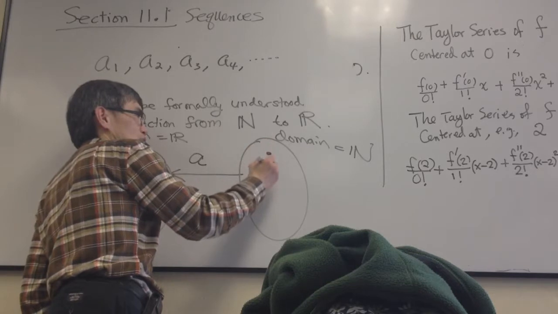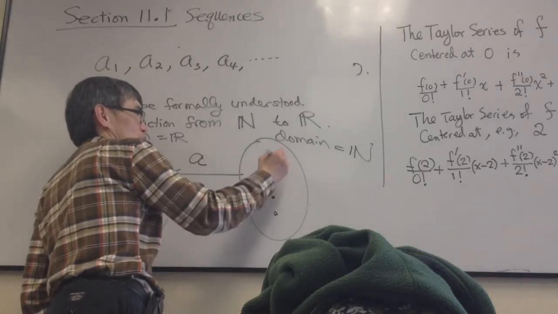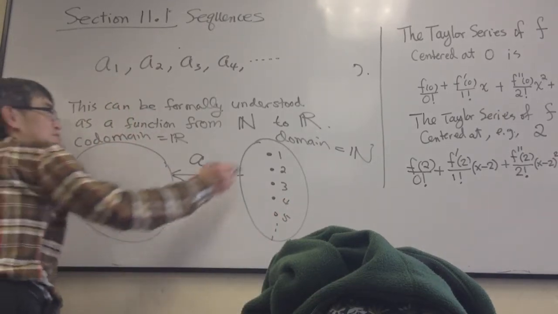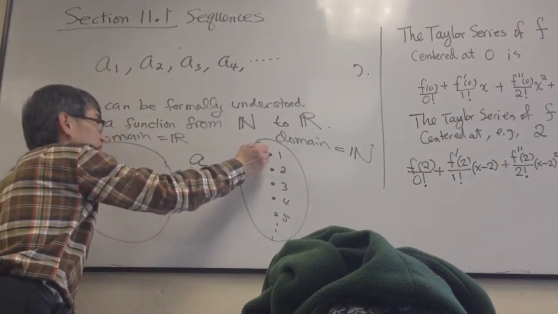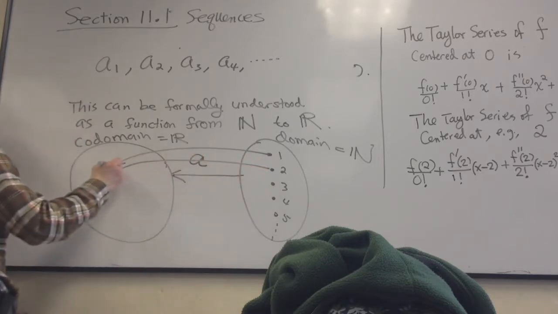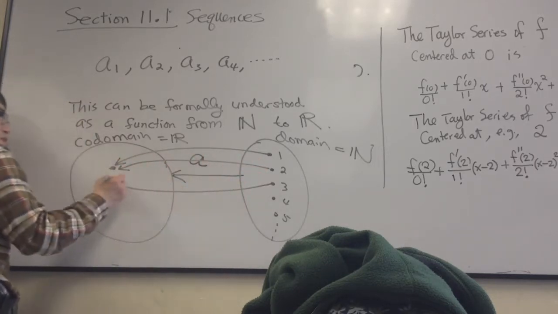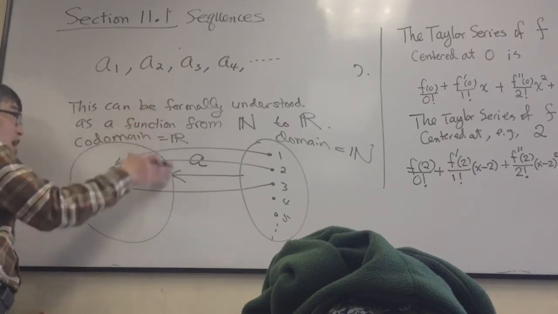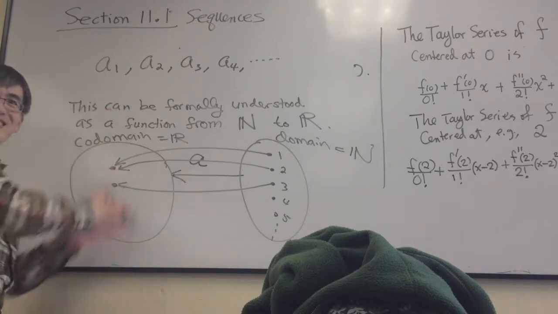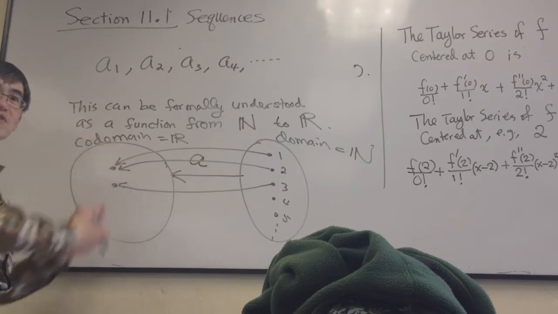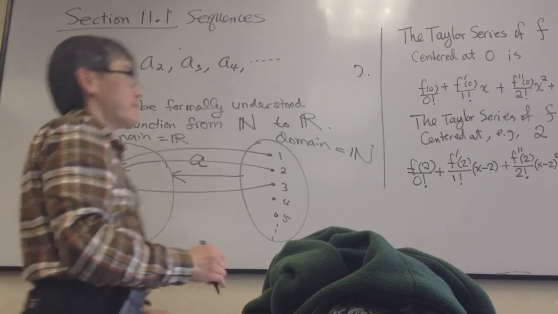That means a rule such that, here is 1, 2, 3, 4, 5, give me anything in the domain, then I take it to something in the codomain. Give me another thing, then I take it to something in the codomain, and so on. And this R is the set of all real numbers, so you can think of it as a real number line if you want. So it's a rule.